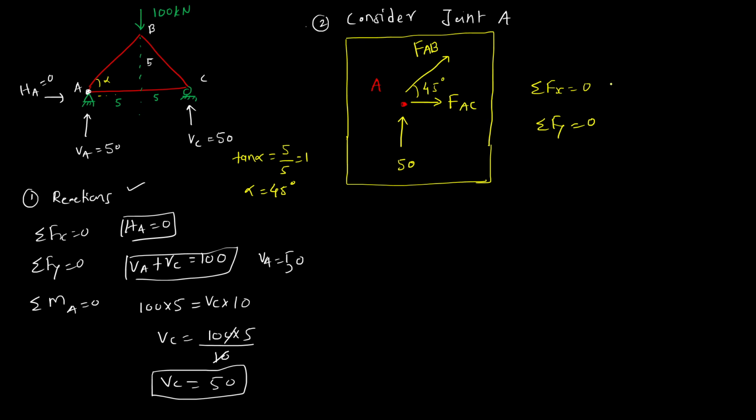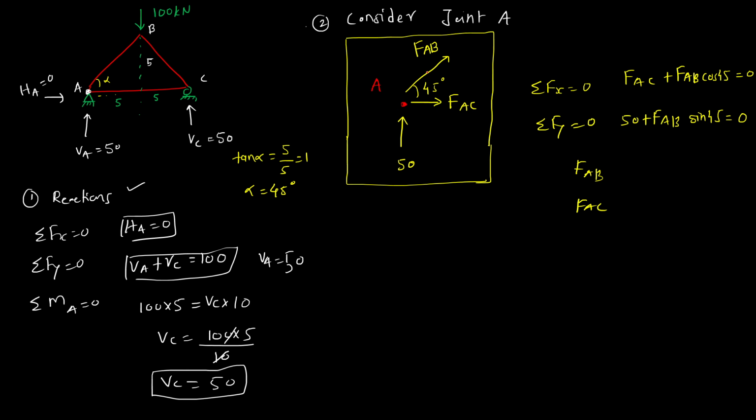So if you apply sigma Fx is equal to 0, it will be FAC plus FAB cos 45 is equal to 0. And in sigma Fy is equal to 0, it will be 50 plus FAB sin 45 is equal to 0. So if you solve these two equations, you will get the value of FAB and FAC.